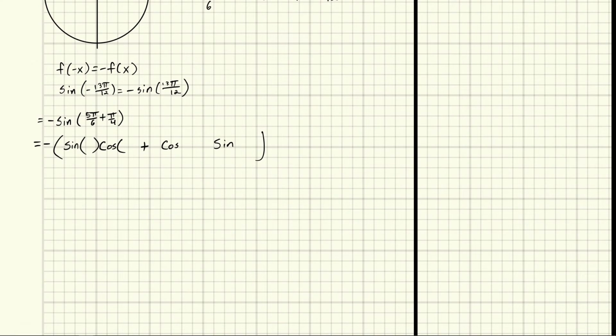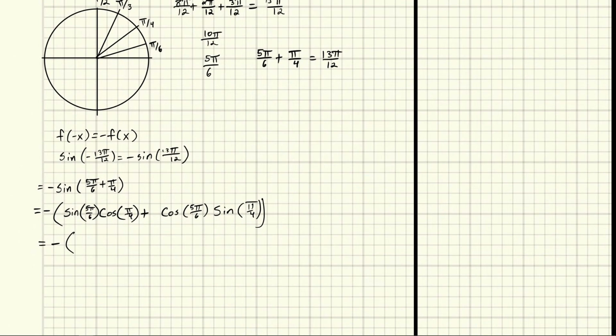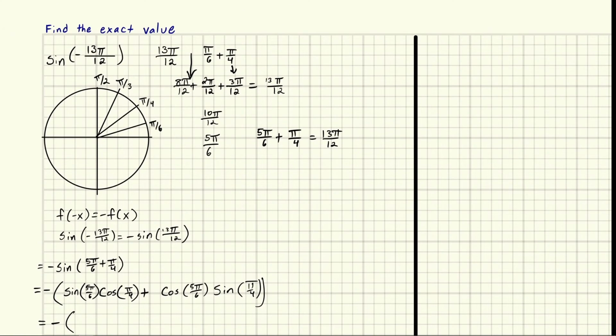And then we just fill in our angles. So we're going to have 5 pi over 6 here, pi over 4 here, 5 pi over 6 here, pi over 4 here. So to find the sine of 5 pi over 6, we're going to come to our unit circle. And if we think about it, we are moving in basically slices of pi, right?